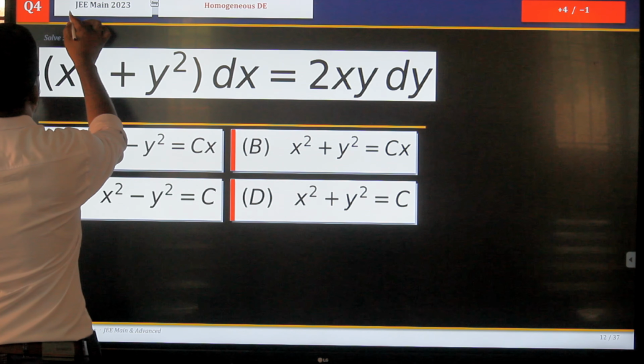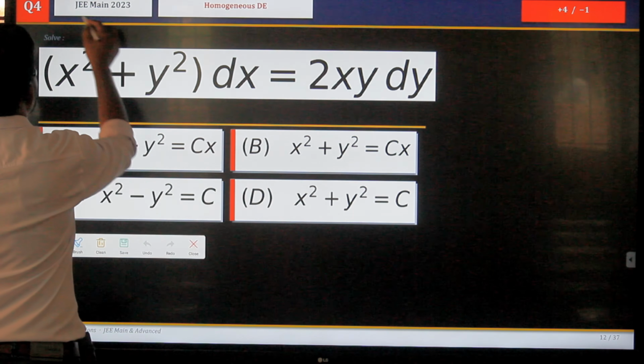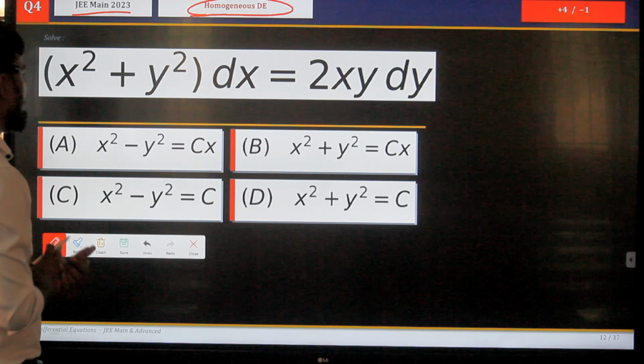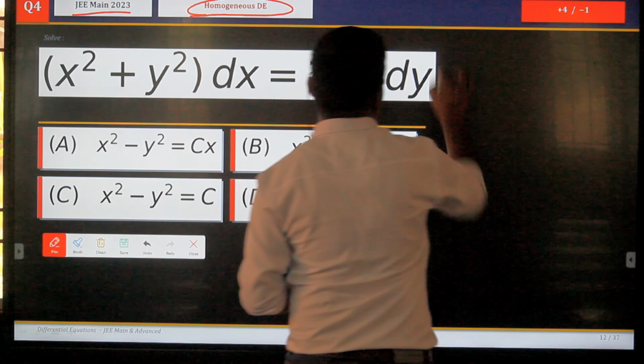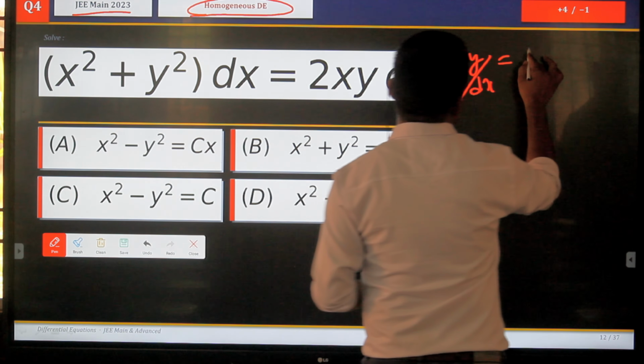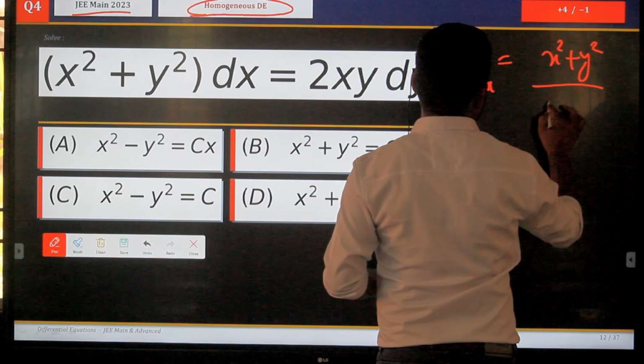The question was asked in JEE 2023 based on the homogeneous differential equation. We already see why this is a homogeneous differential equation, since dy by dx is equal to x square plus y square divided by 2xy.